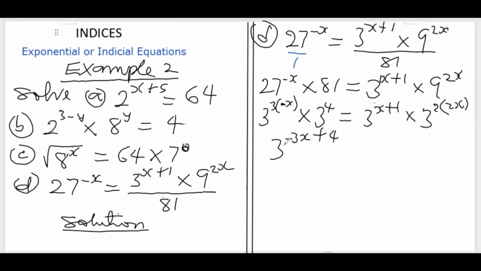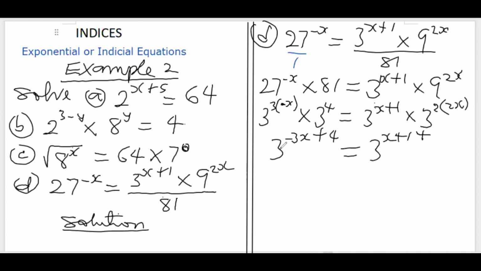Since you choose a single base, you factor into a single base. You remember a to the power of x times a to the power of y is a to the power of x plus y. So from here, the second one is 3 to the power of x plus 1.